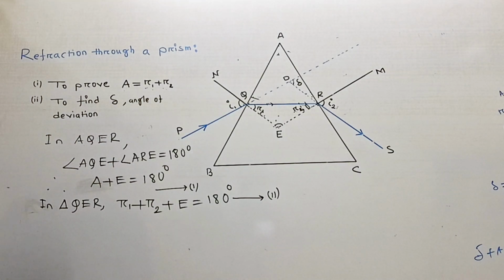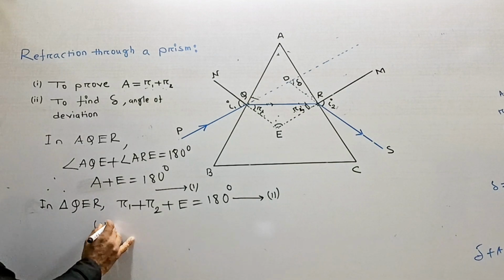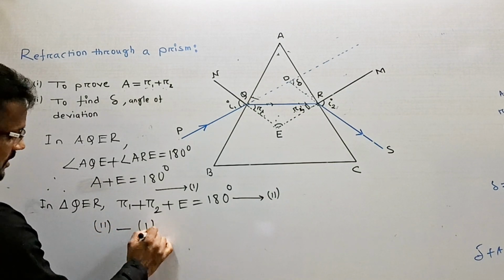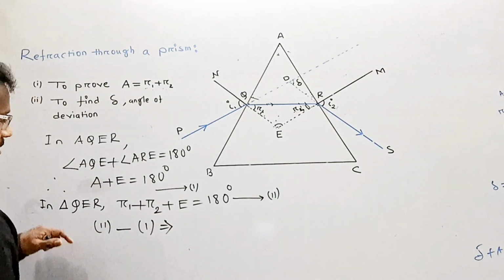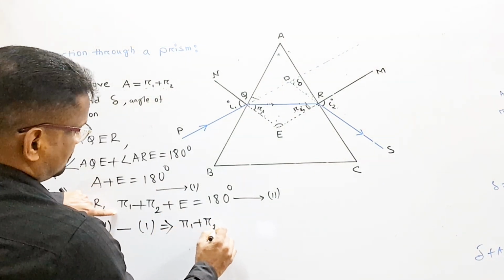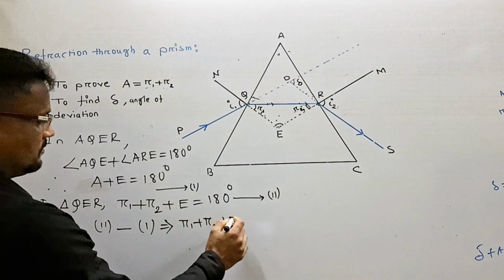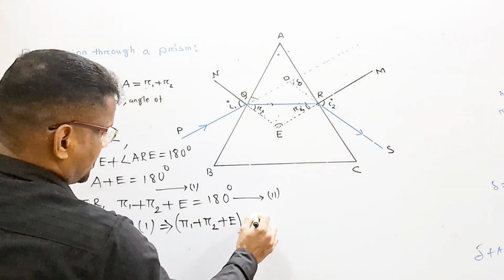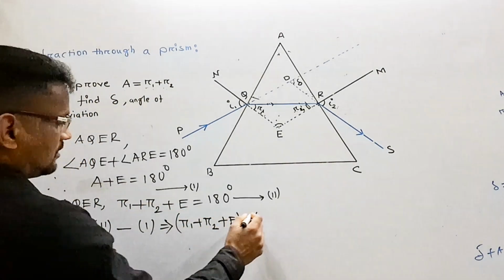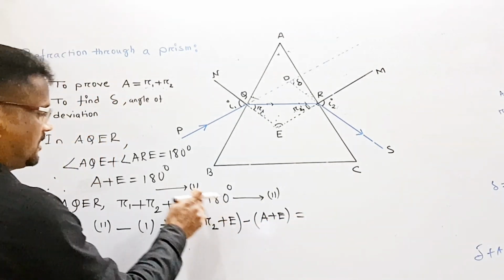Now do one thing, simply subtract 1 from 2. That means 2 minus 1 implies, so what do you get? R1 plus R2 plus E is the left hand side of 2, minus the left hand side of 1, which is A plus E, equal to 180 minus 180.